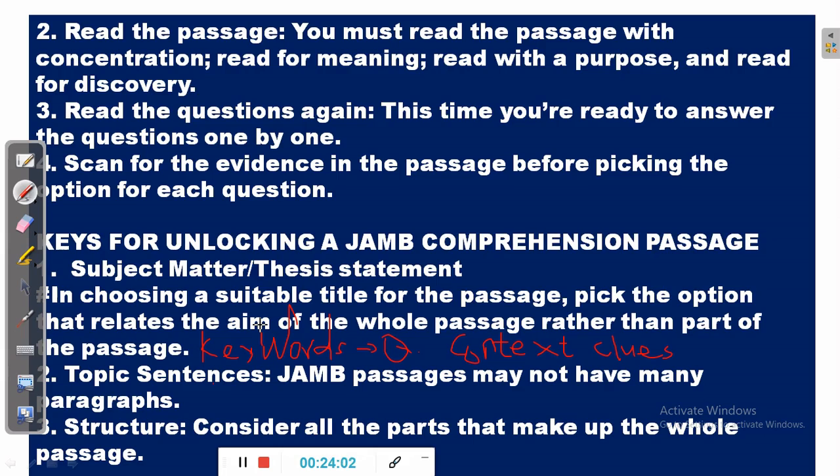So this gives you the structure of the write-up, because in every piece of writing you have a definite structure. You have a title, you have the introduction, you have the body, you have the conclusion. These are the various parts that make up the whole passage, and looking at these various parts will help you in unlocking the comprehension passage. I hope this is clearer to you.